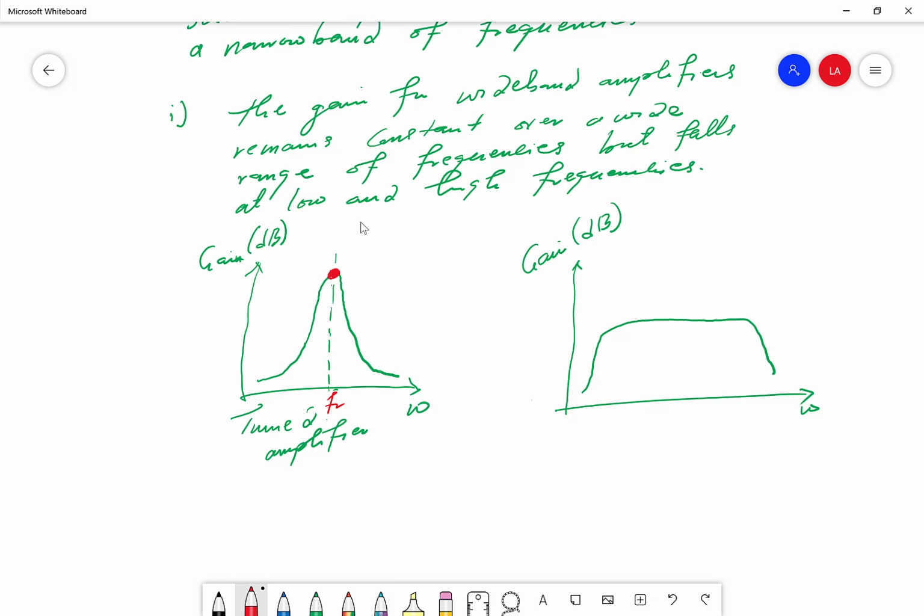However, when you take the wideband amplifier, you realize that the gain remains constant over a wide range of frequencies. So the gain remains constant at this point, but it falls off at the lower and then the higher frequencies. Okay, do you understand? So that is the fundamental difference between the tuned amplifier and the wideband amplifier.